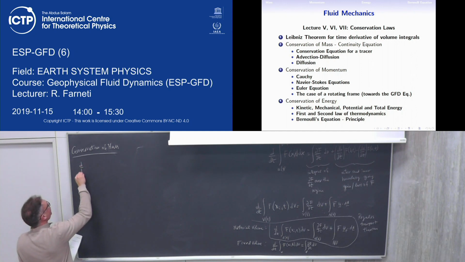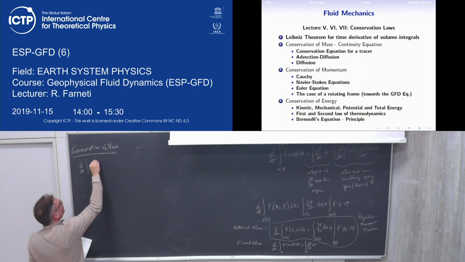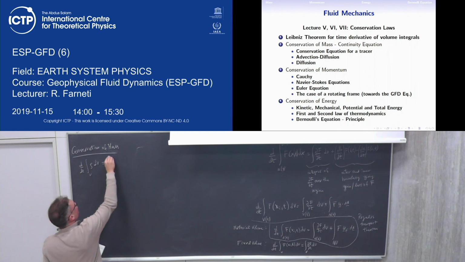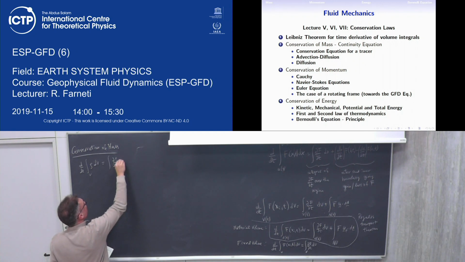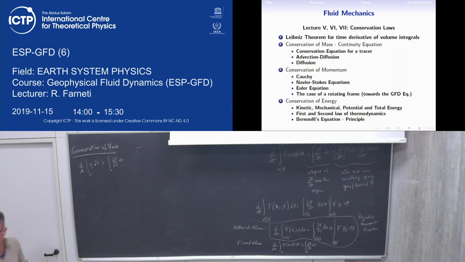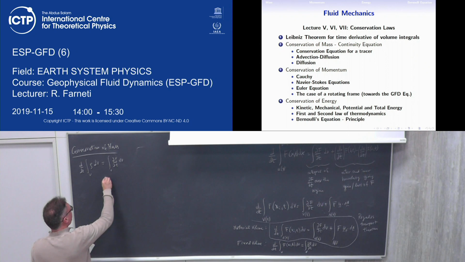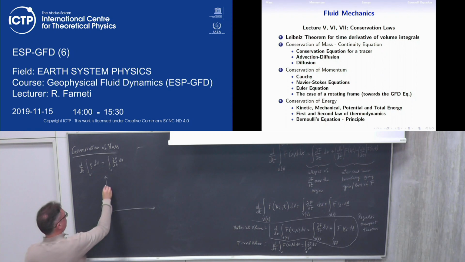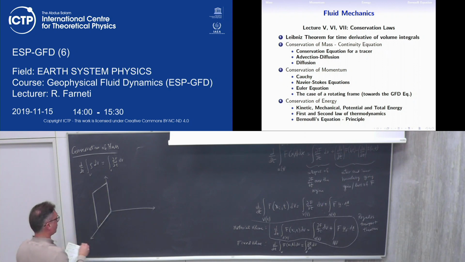So that my d by dt of the change in density is simply this, to make it simple. So we're going to look at changes in mass, not simply density, so we're going to look at changes in mass per unit time.